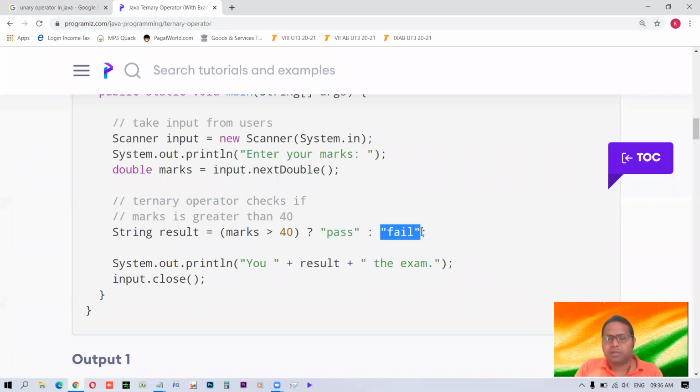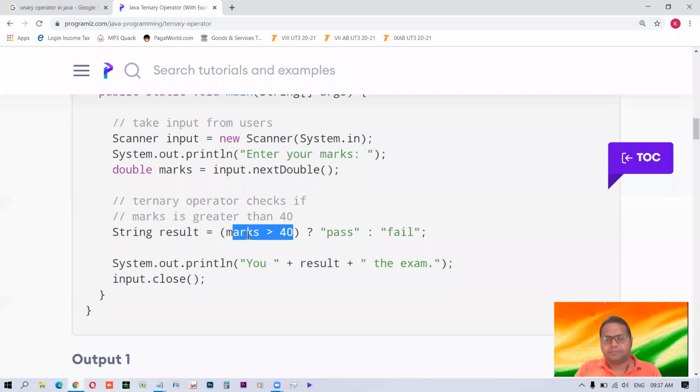Otherwise, fail will be stored. So this combination of question mark and colon makes ternary operator. It needs three operands. First operand is this Boolean expression, whose result is going to be true or false. Second operand is what will happen in case it is true, and third operand is for when the given expression is false.